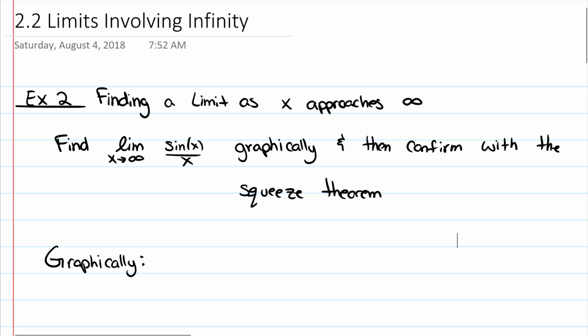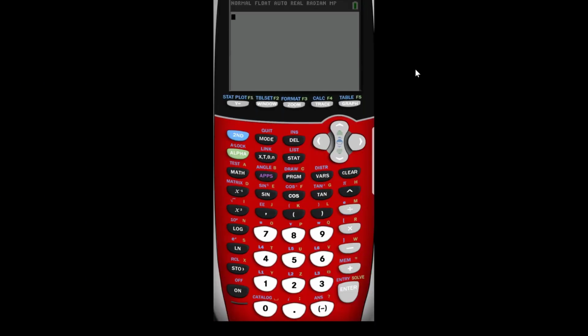So if we graph this on our calculator, we're going to get a graph that looks like this. Now just looking at this window, we can see that as x approaches infinity, or as x gets increasingly large, it approaches 0.